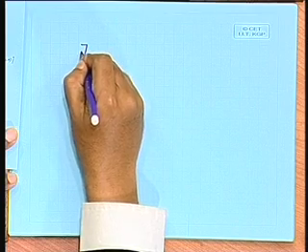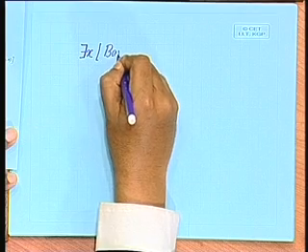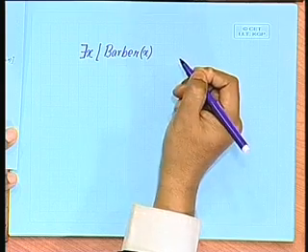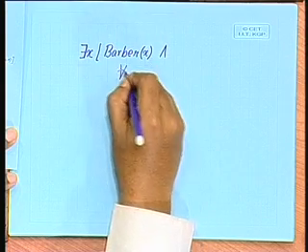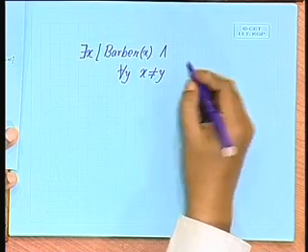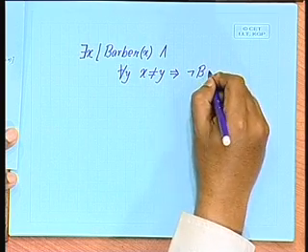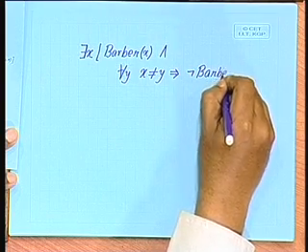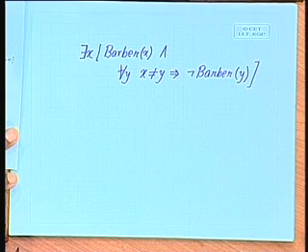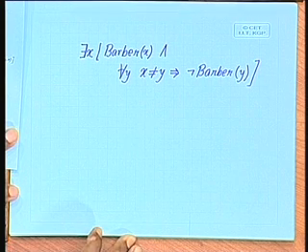So, there exists x and for all y, x not equal to y, which is not of x equal to y, this implies... So, this expresses the fact that there is only one barber.